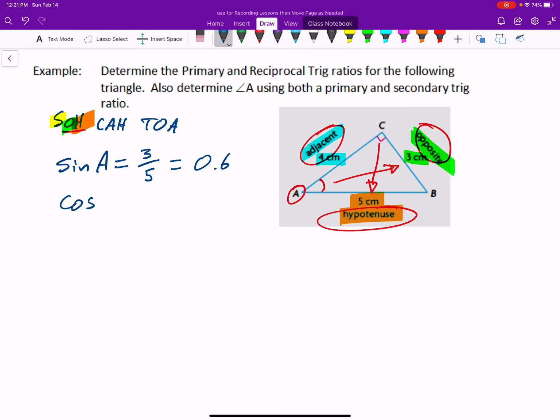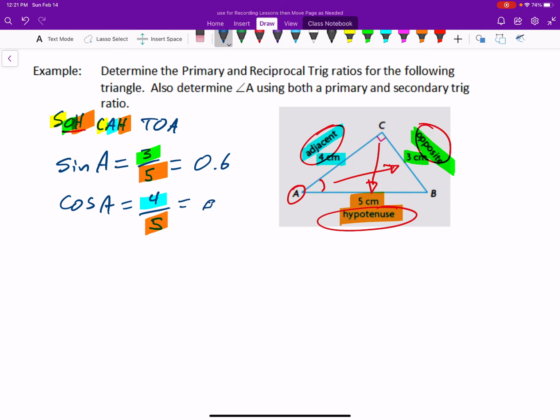Cos A, let me just color these. Cos A is equal to adjacent over hypotenuse, isn't it? So it's going to be 4 over 5 because the adjacent side in this case is 4 and the hypotenuse is 5.